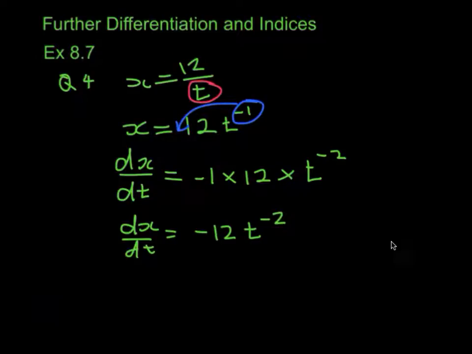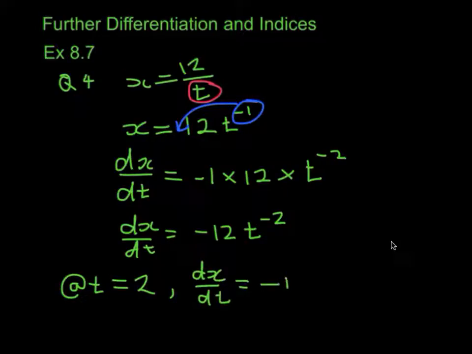Now what question 4 is actually asking for is that we find the value of dx/dt when t equals 2. At t equals 2, dx/dt is equal to minus 12 times 2 to the power of minus 2.